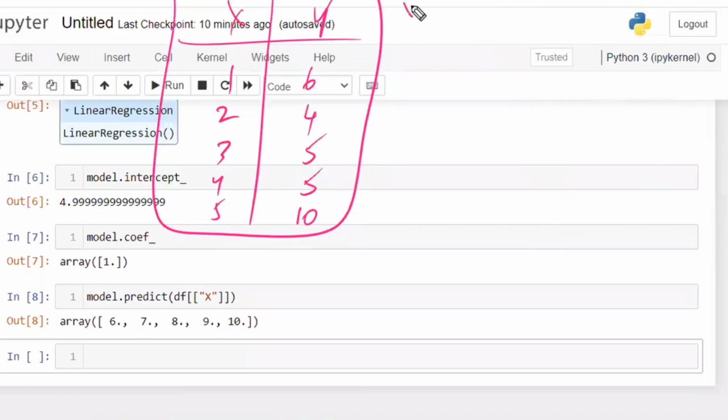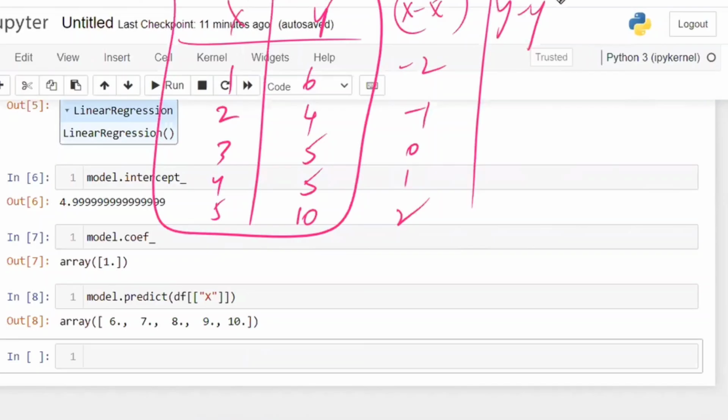Let me calculate. X minus x bar is minus 2, minus 1, 0, 1, 2. Y minus y bar, y bar is 30 divided by 5, which is 6. So 4 minus 6 is minus 2, 5 minus 6 is minus 1, and the last is plus 4. Done.